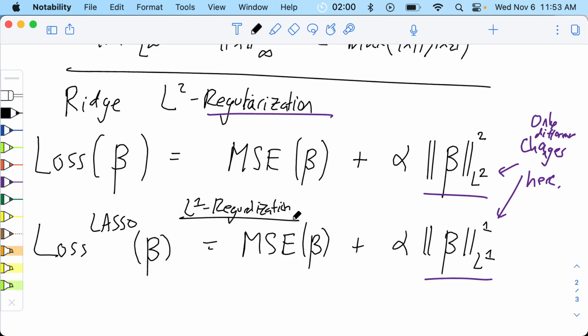Yeah? Sir, does adding the power in the ridge regression make any difference? Oh, adding this power? It does not make any difference. The only thing it will do is reparameterize what alpha means. If you have it with a square, then alpha equals 7 could be the same as alpha equals 1 without a square.